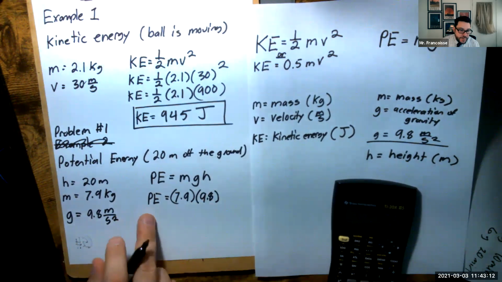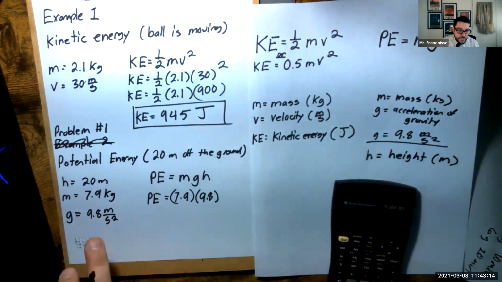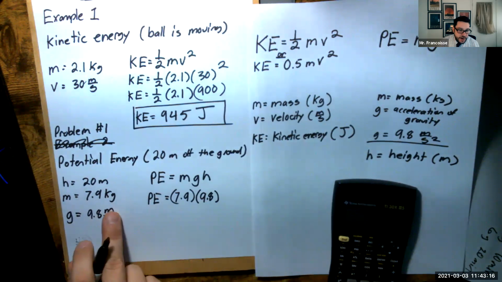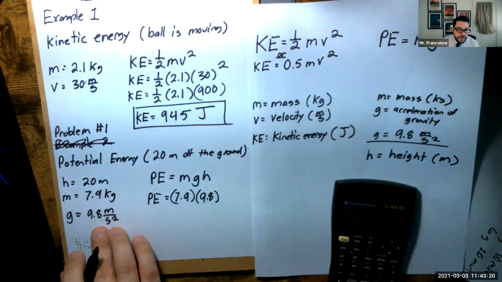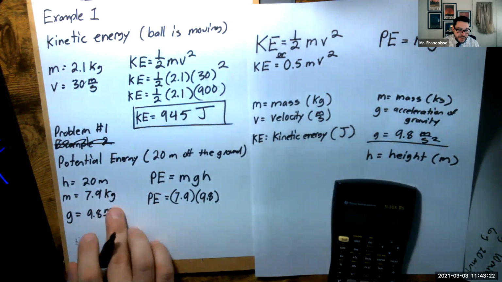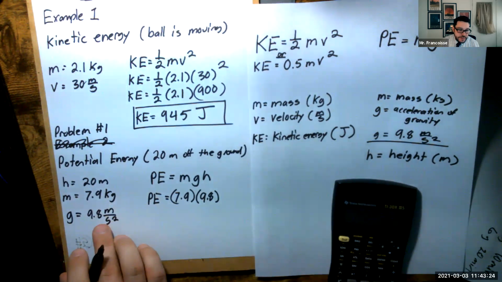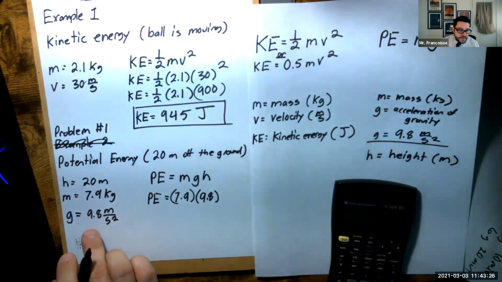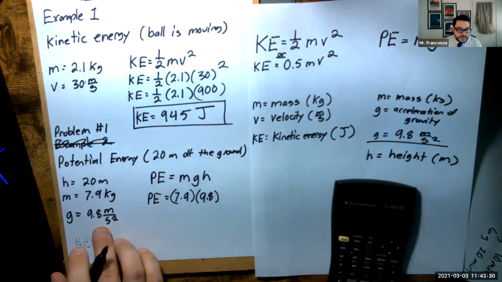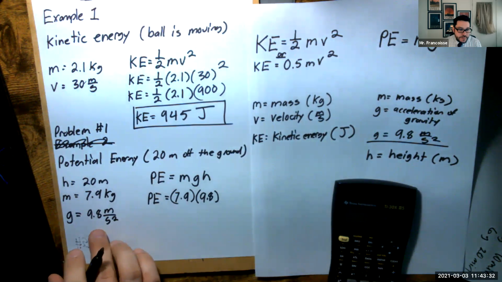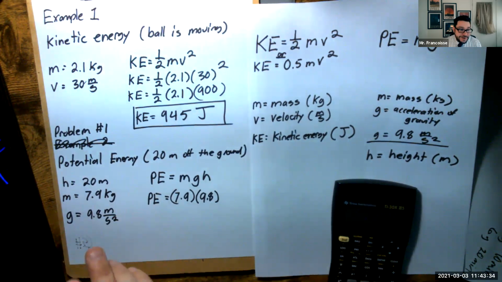So one question, right? We're always going to use 9.8 meters per second squared for all the problems that we're dealing with. When would we use a different acceleration of gravity? So when would we use a different number for this? On a different planet, yeah, you're absolutely right.